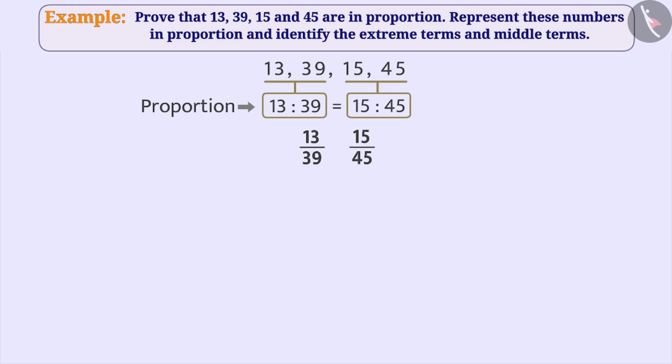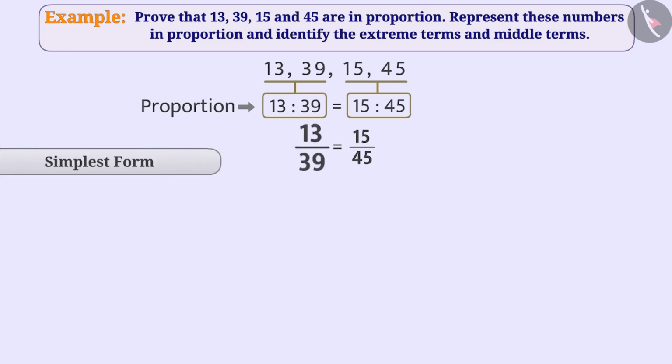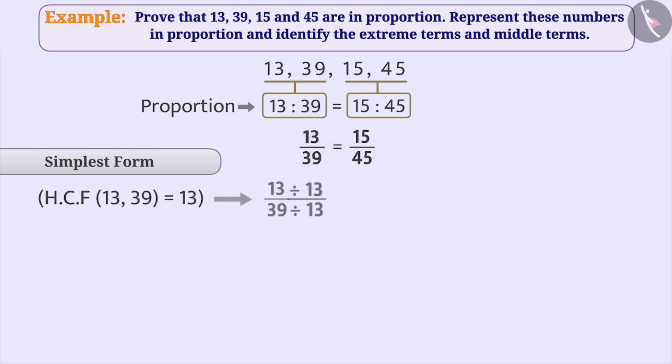Can you tell what we need to do to find out whether two fractions are equal or not? Think for a while. Let me tell you. In order to find this, we will convert both fractions into their simplest forms. In 13 by 39, the HCF of numerator 13 and denominator 39 is 13. If we divide the numerator and denominator of 13 by 39 with the HCF 13, then we get the simplified form of this fraction, 1 by 3.